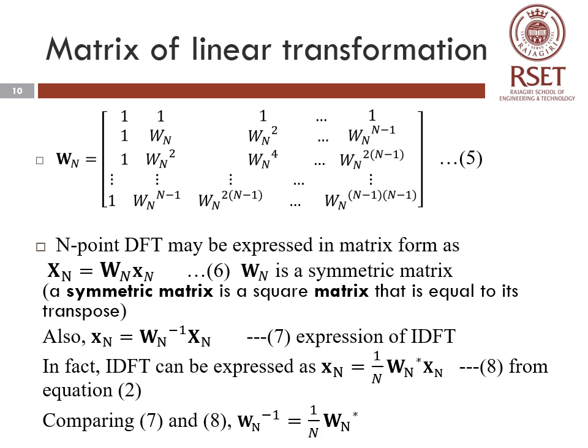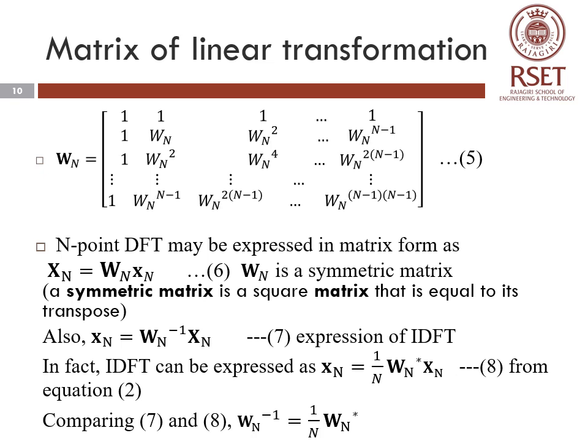So the n-point DFT may be expressed in matrix form as given in equation 6. That is, capital X of n is equal to this matrix Wn into small x of n. This Wn is actually a symmetric matrix, meaning it is equal to its transpose. From equation 6, how can you get back the input vector? By taking the inverse. So x of n is equal to Wn raised to minus 1 into capital X of n, where capital X of n is the DFT.